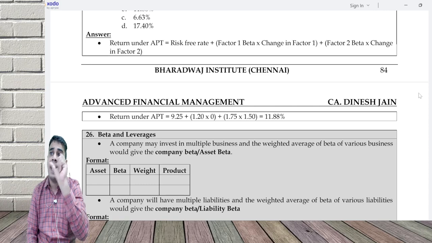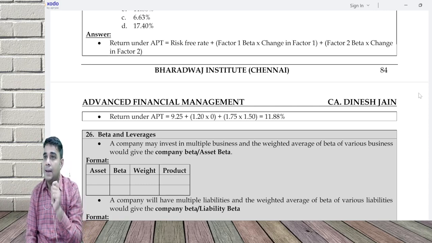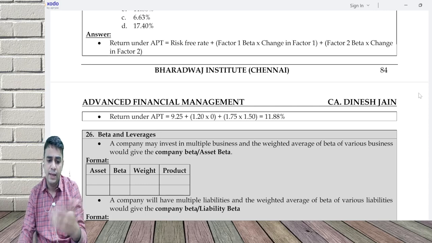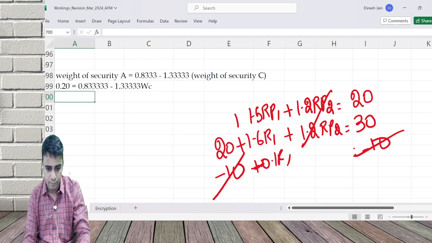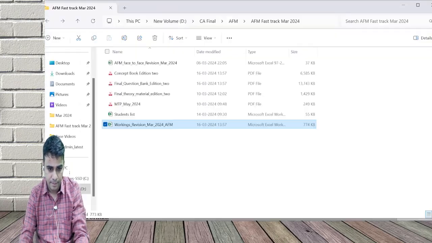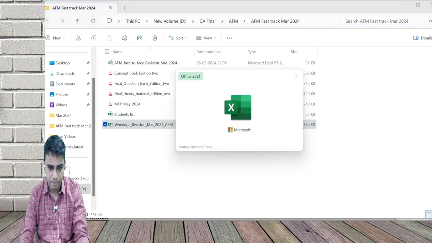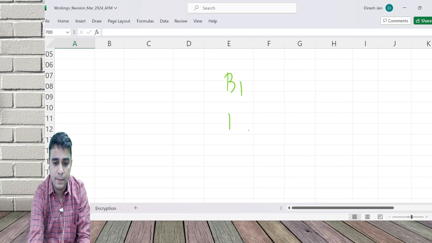Obviously, asset side beta has to be equal to liability side beta. So, in a company, just give me a minute. I have business 1, business 2, business 3.